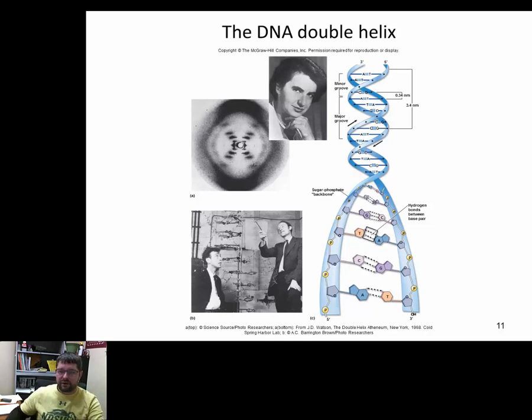Now we're going to talk about how it can break apart and reform and copy itself, and what happens when there are mutations. Okay, so next time we're going to talk about how DNA copies itself.